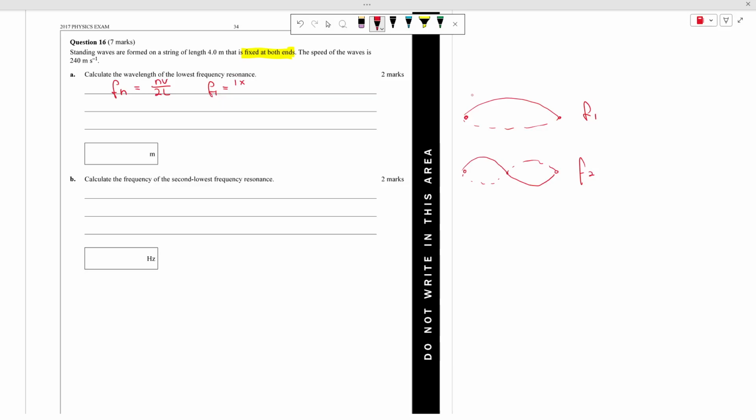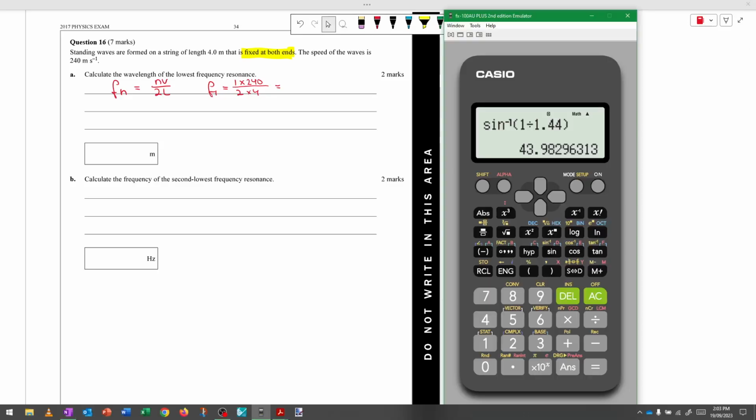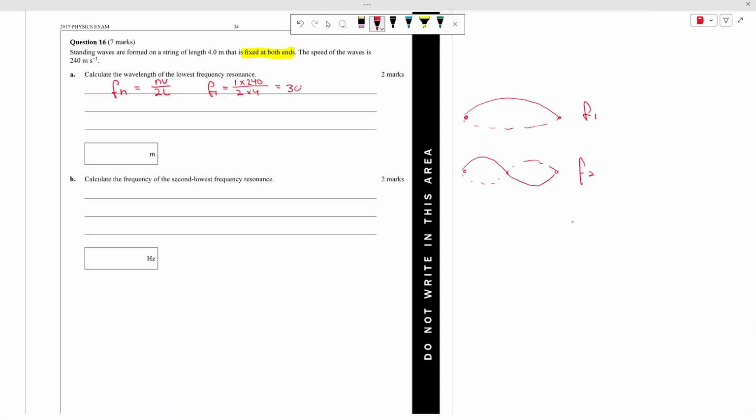So v here is 240, that's the speed of the wave on the string, over 2 times the length of the string, 2 times 4. That is 240 over 8, it's going to be 30. So 30 hertz.